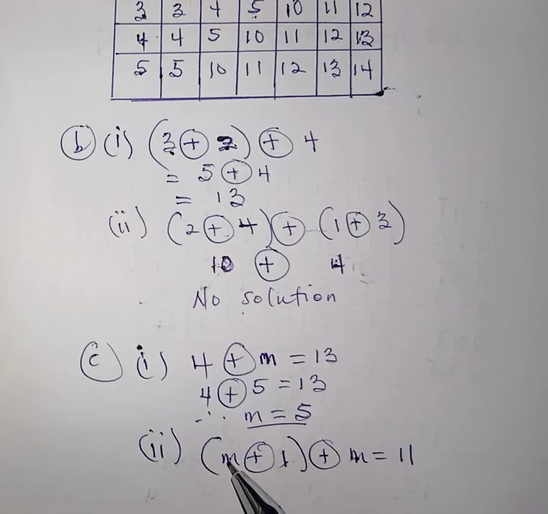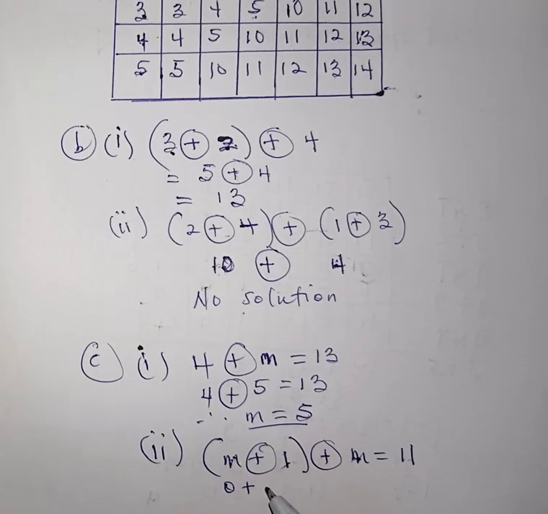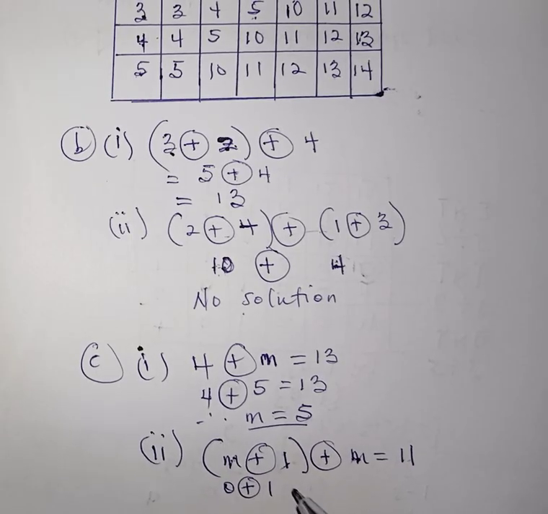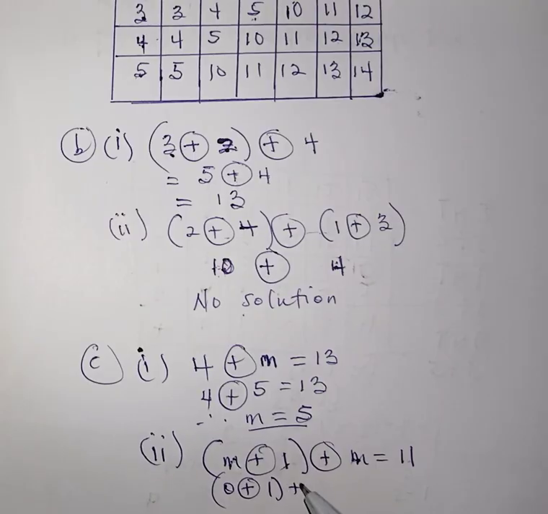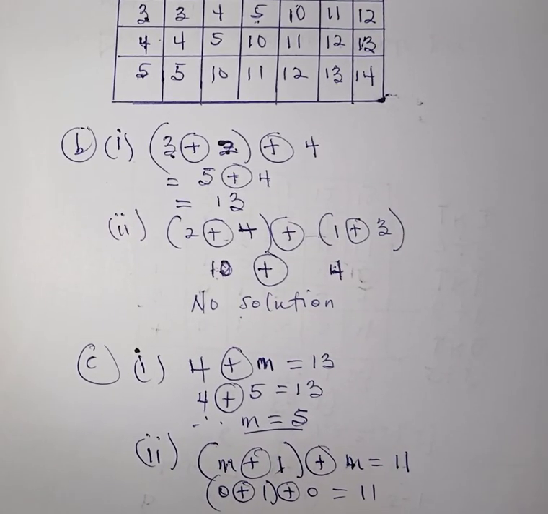So if I'm picking 0, then I'll put 0 here and 0 here, and check if I'll get 11. So 0 plus 1 plus 0 should give me 11. So we are testing all of them.